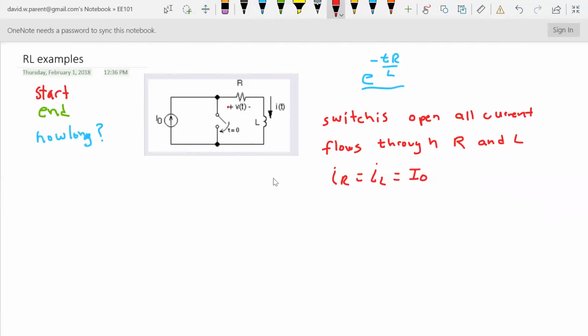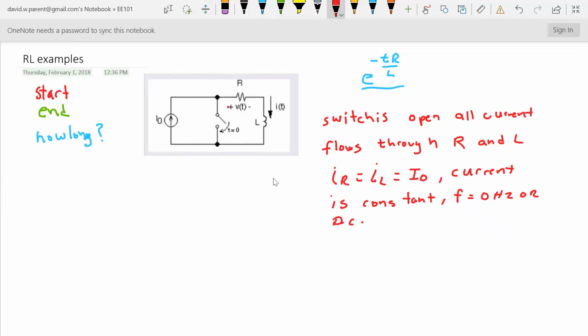Switch is open, all current. Current is constant; this is a constant current source, and if it's constant and doesn't change in time, then it's DC.